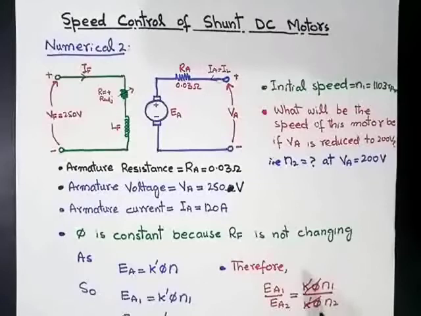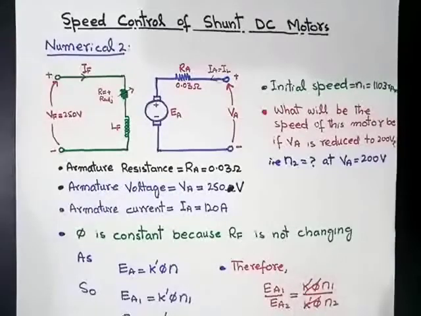In this numerical, the flux is constant because RF is not changing. Flux will change when RF changes. If the value of RF is constant, then the flux will be constant as well. It means K dash flux and K dash flux will cancel out.